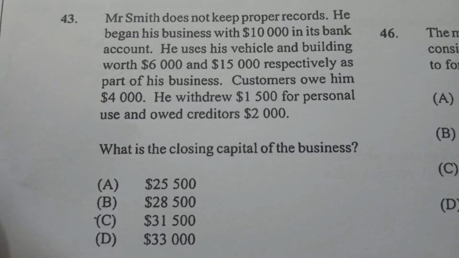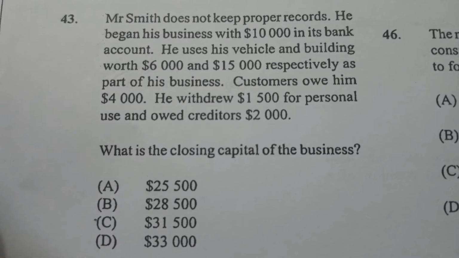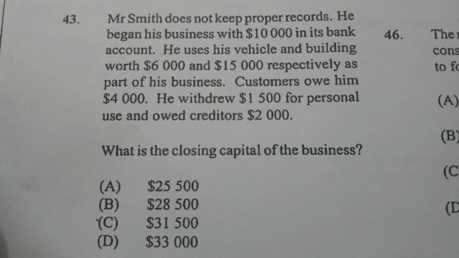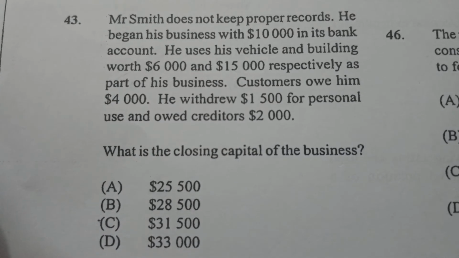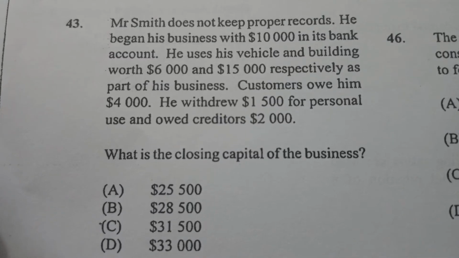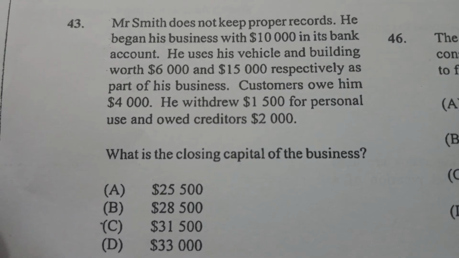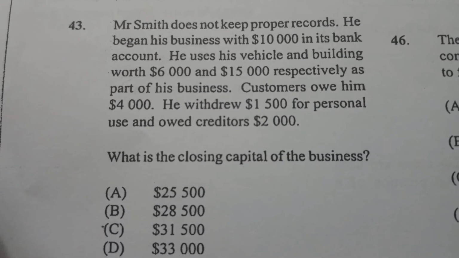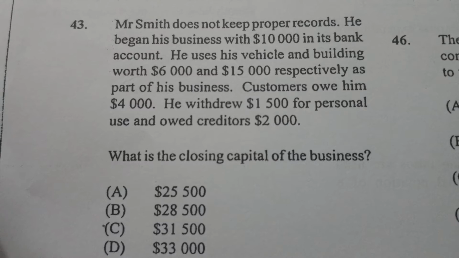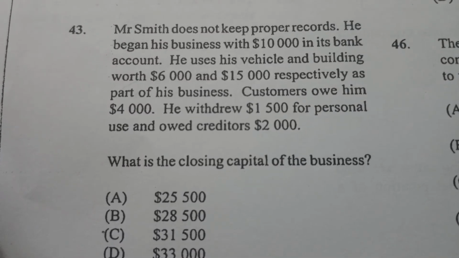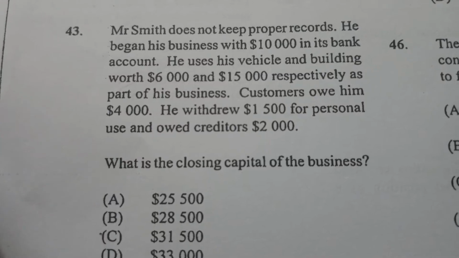Now, two very important things will affect him. Some customers owed him $4,000, and he has creditors of $2,000. So we subtract the $2,000 of current liabilities of the creditors from the current asset of $4,000, to give us $2,000.